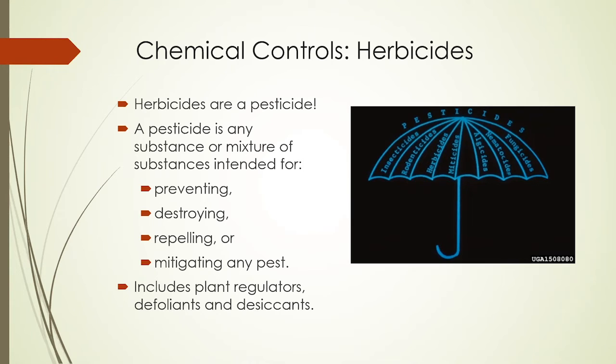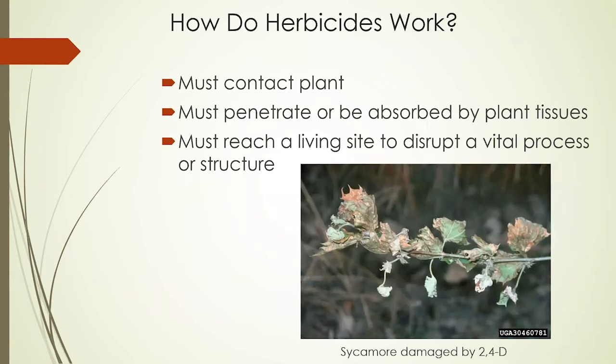A pesticide is any substance or mixture of substances that's intended to prevent, destroy, repel, or mitigate any pest. That includes plant regulators, defoliants, and desiccants. How do herbicides work? They have to contact the plant. They have to penetrate or be absorbed by plant tissues. They have to reach a living site to disrupt a vital process or structure in the plant.